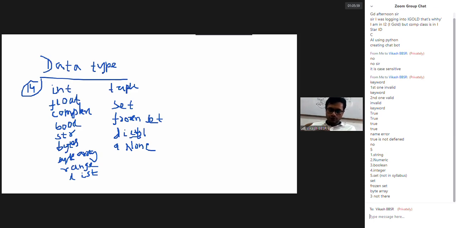Set, frozenset and bytearray are not there. Today in the evening we will discuss which one is valid and which one is invalid, and each data type.